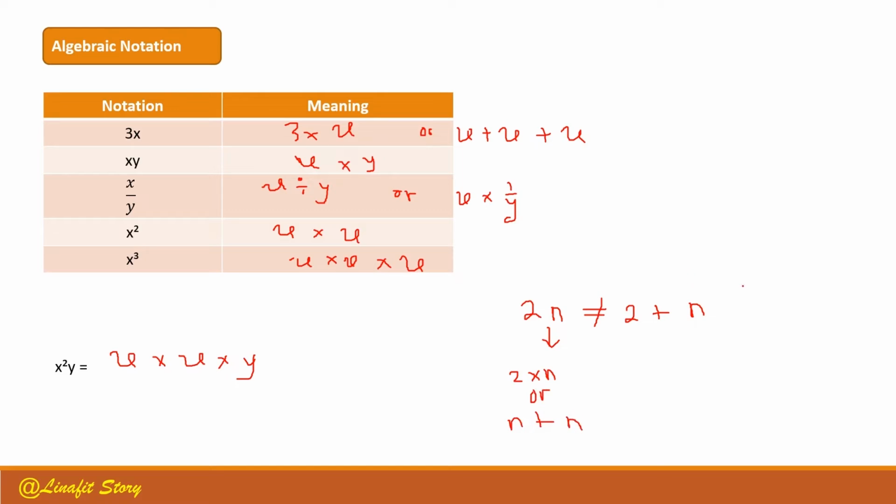And then n squared is not equal to 2n. Why? Because n squared means n times n, while the 2n means 2 times n, or n plus n.